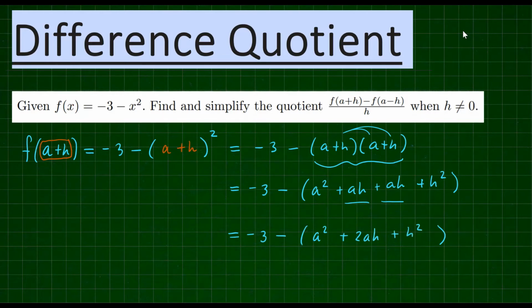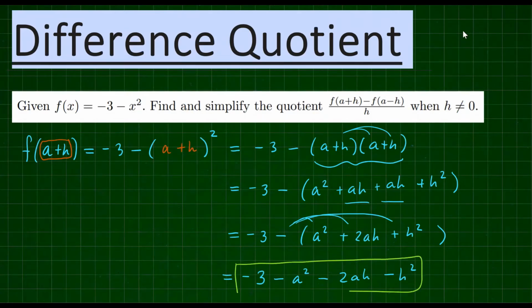To simplify further, we distribute the -1 out. That gives us -3 minus a squared minus 2ah minus h squared. So that's the expression we're going to substitute, replacing f of a plus h in the formula.